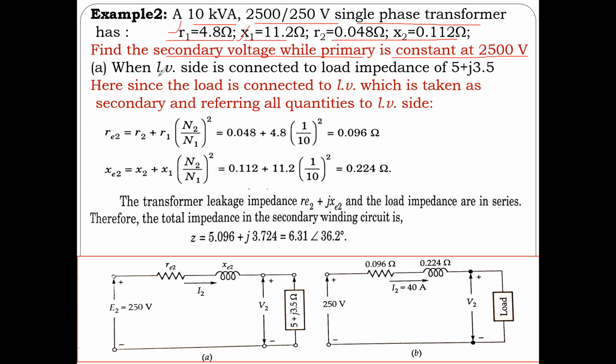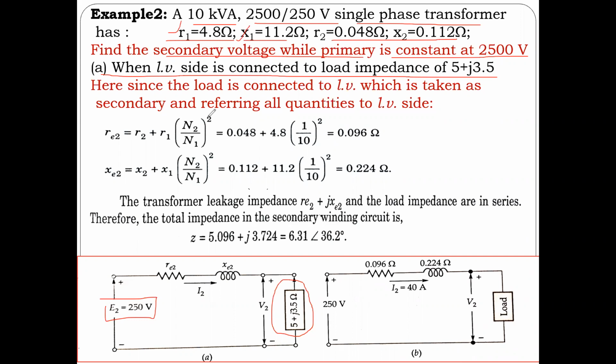First case, when the low voltage side is connected to the load impedance of this. So the low voltage side has been connected with this load, and we need to find this low side voltage. Now, because we are talking about the load and need to do all the calculations on the load side, how about bringing all the primary side parameters to the load side?